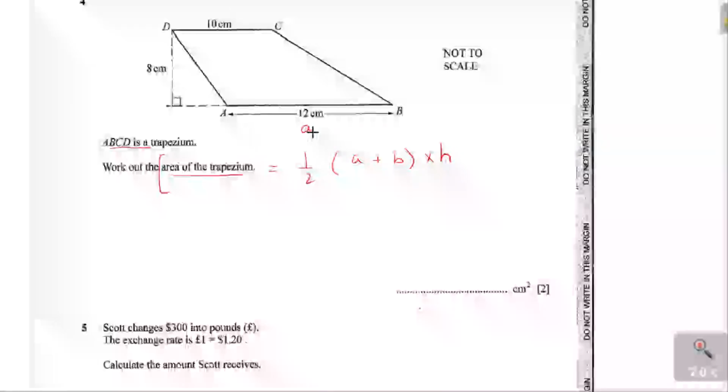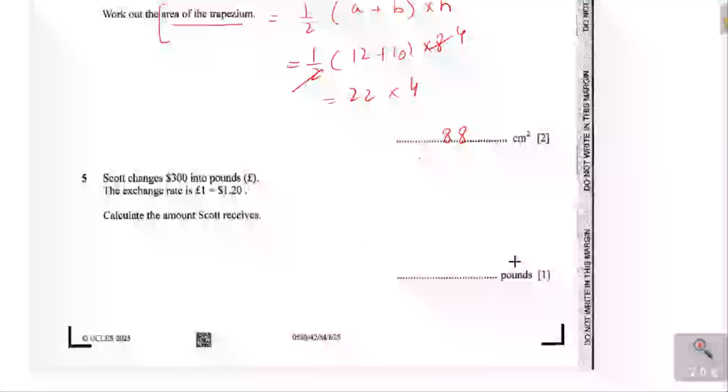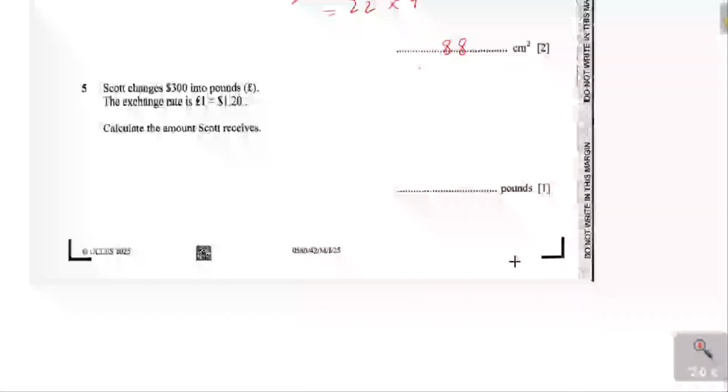We name this side A and this side B. Therefore, we can write 1/2 times 12 plus 10 into the distance between parallel sides, which is 8. 2 times 4 is 8, and 22 multiplied by 4 will be equal to 88 centimeters squared, the area of the trapezium.